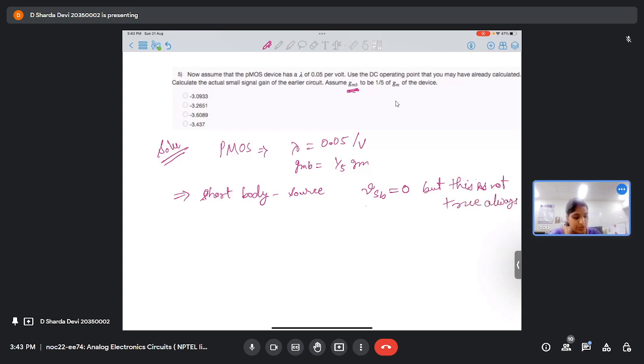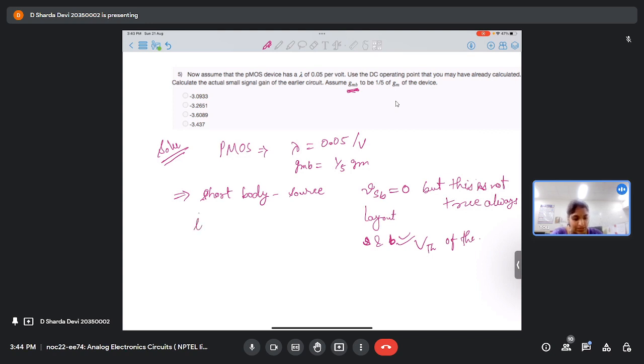If you would have made layouts and stuff, you can see that there is a body terminal at the very end of your whole IC. So there are chances that there might not be a short between source and body, and sometimes we intentionally don't short source and body, and we want to use it for our advantage, as this also affects the VTH, that is threshold voltage of the device, as well as other factors come into picture.